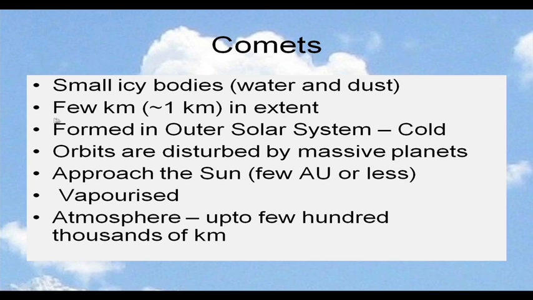and they are typically a few kilometers in extent, and these are objects that have formed in the outer solar system where it is extremely cold.